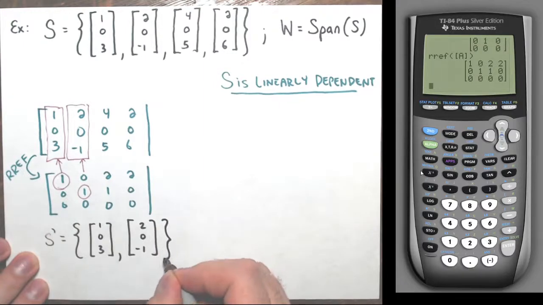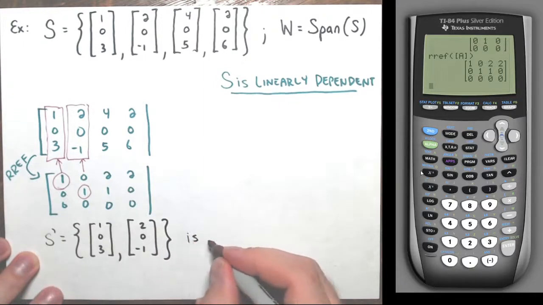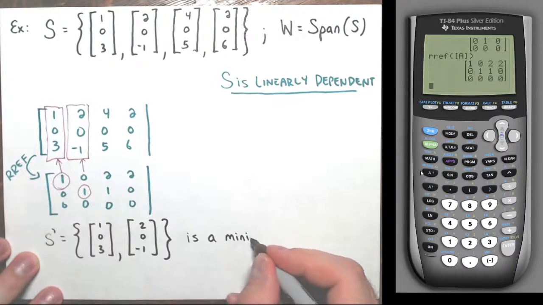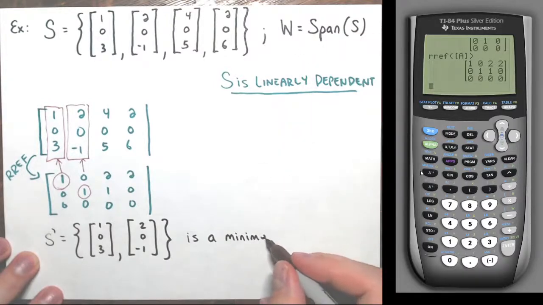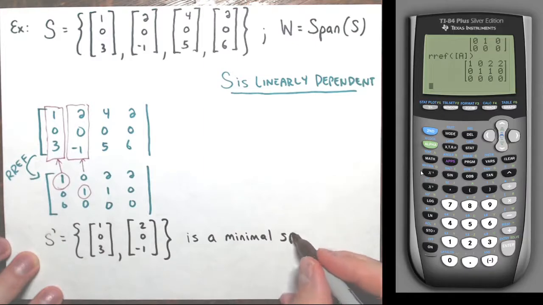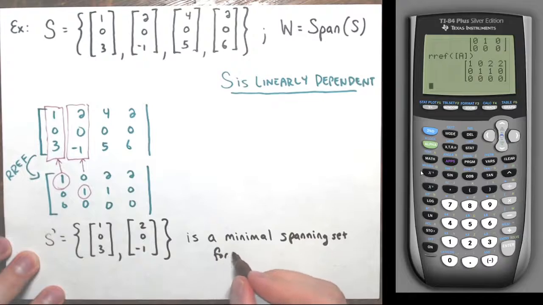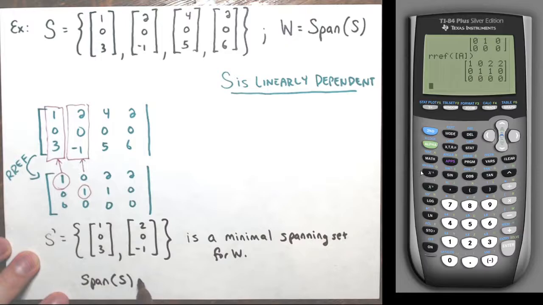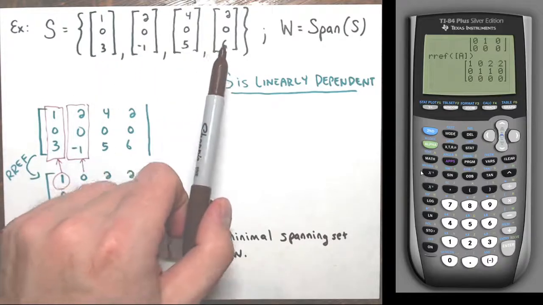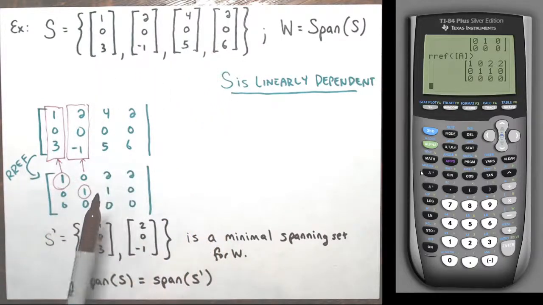This set of 2 vectors is a minimal spanning set for W, for the span of S. And you could also say that the span of S is equal to the span of S prime, or in other words, every linear combination of these 4 vectors can be re-expressed as just a linear combination of these 2. Simple as that.